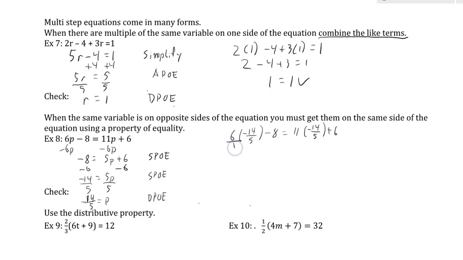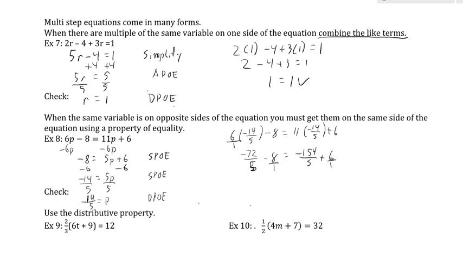When you multiply a whole number by a fraction, you put it over 1, multiply the tops times the tops, and the bottoms times the bottoms. So negative 72/5 minus 8 equals negative 154/5 plus 6.